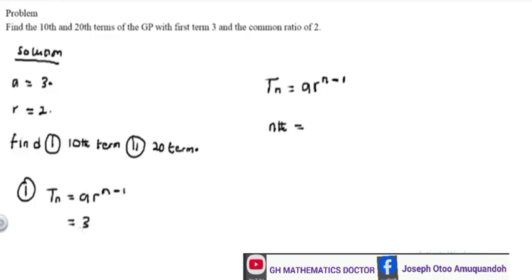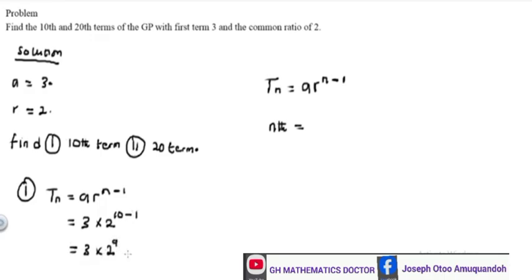So our a is 3 multiplied by our r is 2. Remember, the exponent n minus 1 is only affecting the r. a is not part. So 10 minus 1, that is n equal to 10 in this question. You further simplify to get your answer. So 3 times 2 exponent 9.